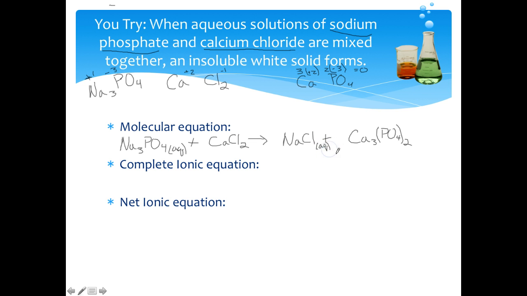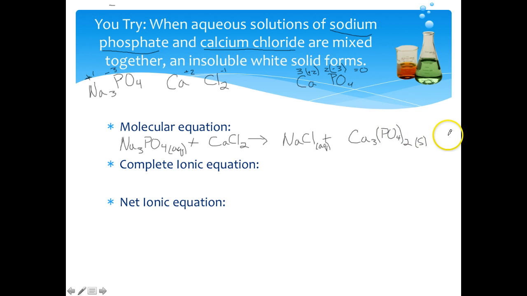Besides, you have had enough experience with table salt and water to know that it is soluble. Phosphate is on the insoluble side, so when phosphate is combined with calcium, it is going to form an insoluble precipitate. So calcium phosphate will be the white solid that we'll see in this reaction.